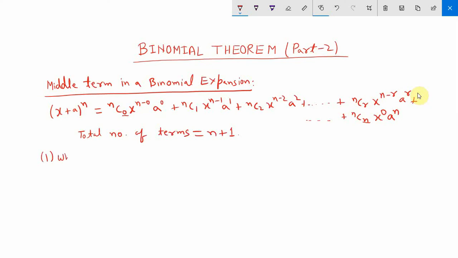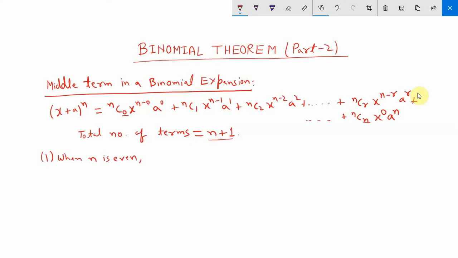So when n is even, see in this case, what will be the number of terms? See, it is n plus 1. So if n is even, the total number of terms will be odd.